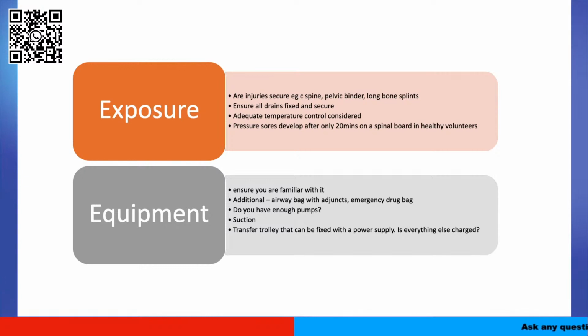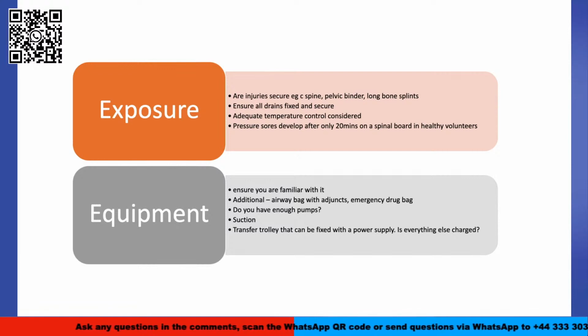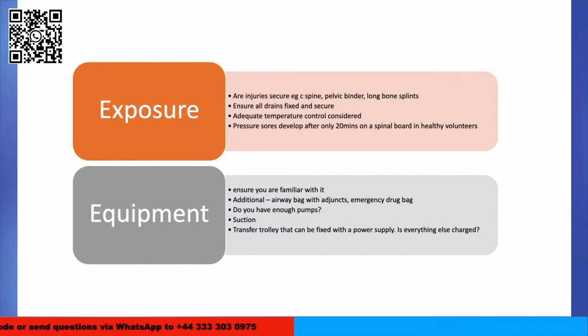We should make sure that all lines are padded, things like arterial lines, so when patients are secured, there's no pressure over those particular areas. And finally, we should think about any specific equipment that's required. So making sure that you're familiar with all of your equipment, and do you need any additional equipment?